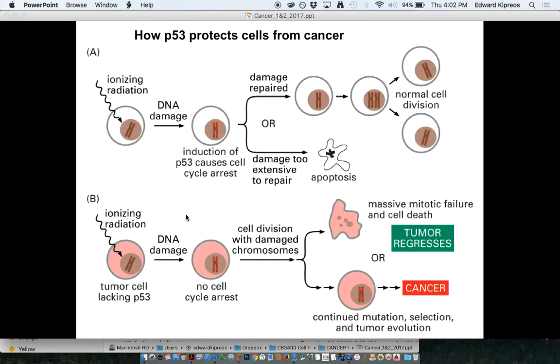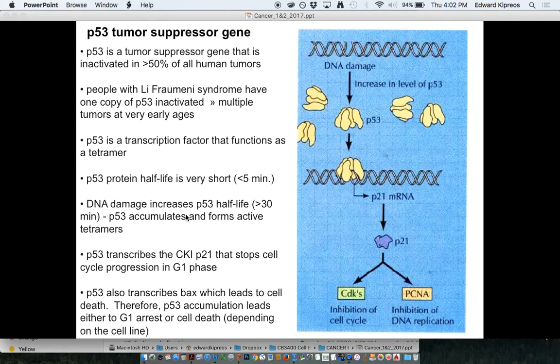Okay, so we're going to be looking at what P53 is doing in cancer. As I said, in a wild type situation, you get DNA damage. One of the things P53 is doing is not only stopping the cell cycle, it also turns on a lot of genes required for DNA repair. So it's basically saying, okay, stop what you're doing, cell, and let's repair the damage before you do anything else that could mess things up, like replicate the damage, which would fix it in position, or go through mitosis with damage.